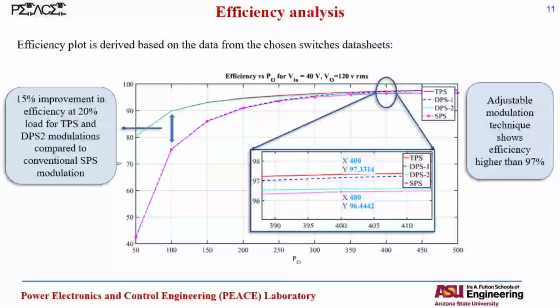Here you can see that we have also compared three different modulation techniques: triple phase shift, dual phase shift, and single phase shift for a specific operation mode that you can see here.